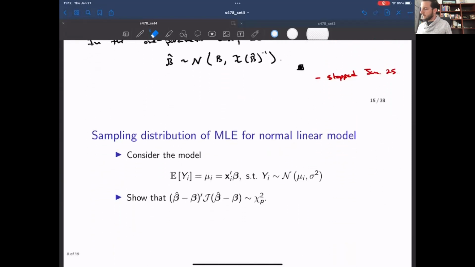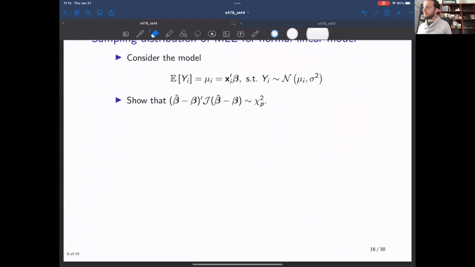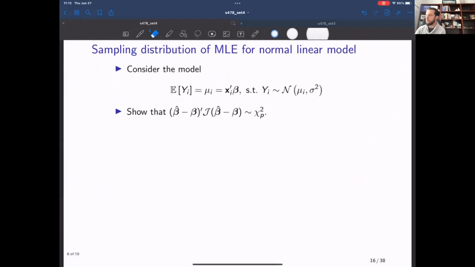Okay, what we're going to do now is look at a couple of applied examples. These are going to draw on some of the proofs that we have in lecture set number 3, but I'll try and simplify it as much as possible. First, let's consider the normal linear model. We have the expected value of yi equal to mu i equal to xi transpose beta, where the yi are normally distributed with mean mu i and variance sigma squared.